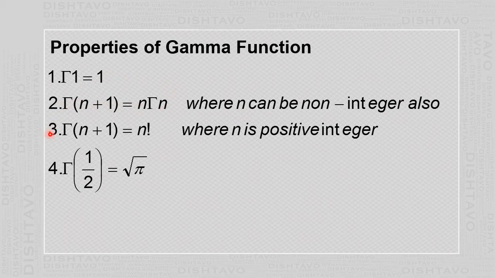The third property is gamma of n plus 1 equal to n factorial, but here n has to be a positive integer, because the factorial of negative numbers or non-integers does not exist. So n factorial means n into n minus 1 into n minus 2 into n minus 3 up to 1. Then the fourth property is gamma of half equal to root of pi.